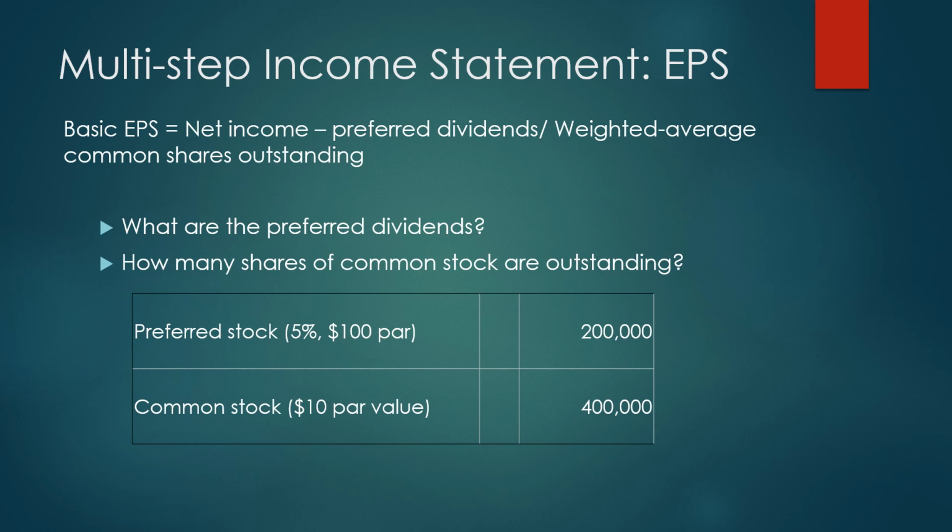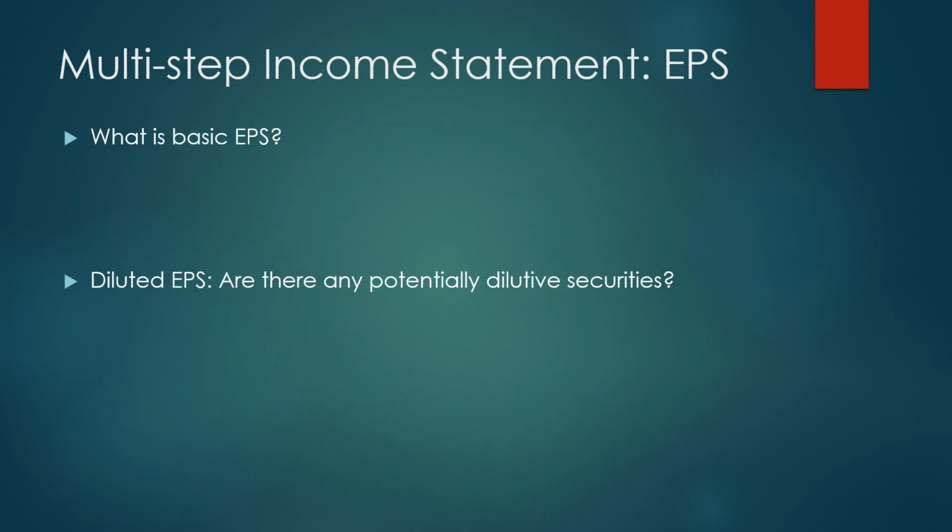We're going to divide it by the $10 par, and that's going to tell us how many shares were outstanding at the end of the year. We're just going to use that number for weighted average common shares outstanding. So basic EPS is net income minus preferred dividends divided by your common shares outstanding.